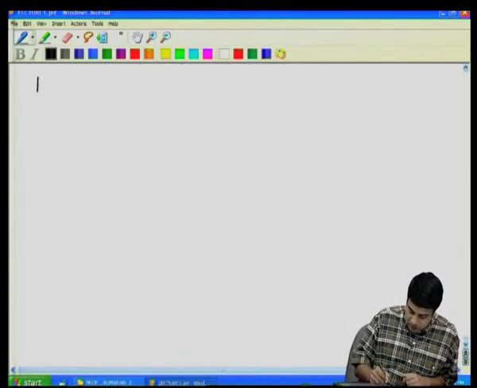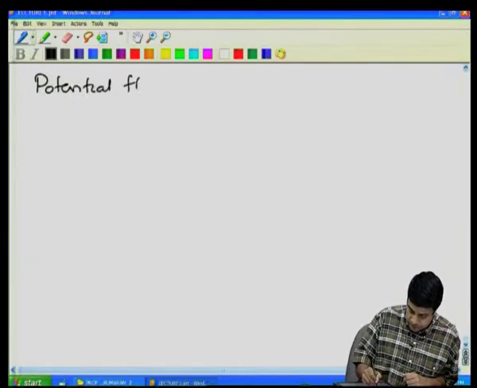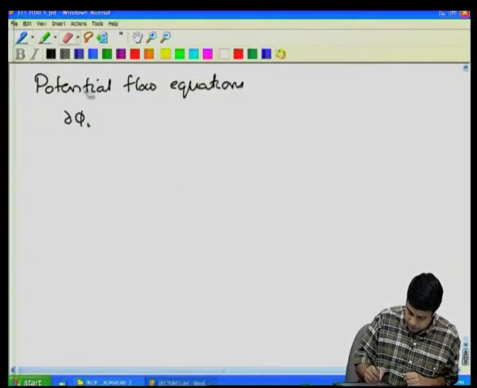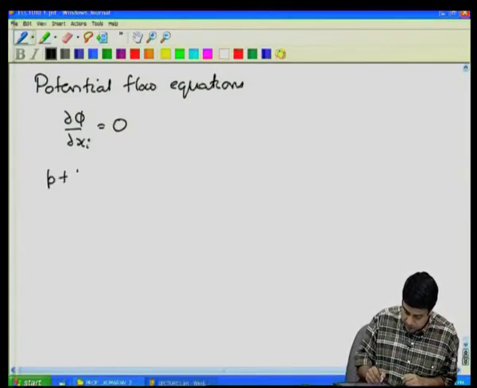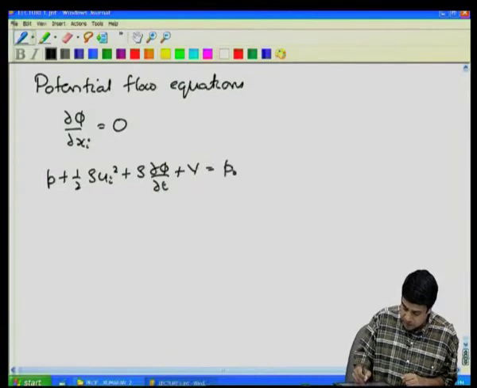So, these are the potential flow equations. The gradient of the potential is equal to 0 and the Bernoulli equation P plus half rho u square plus any potential that is there is equal to P naught.